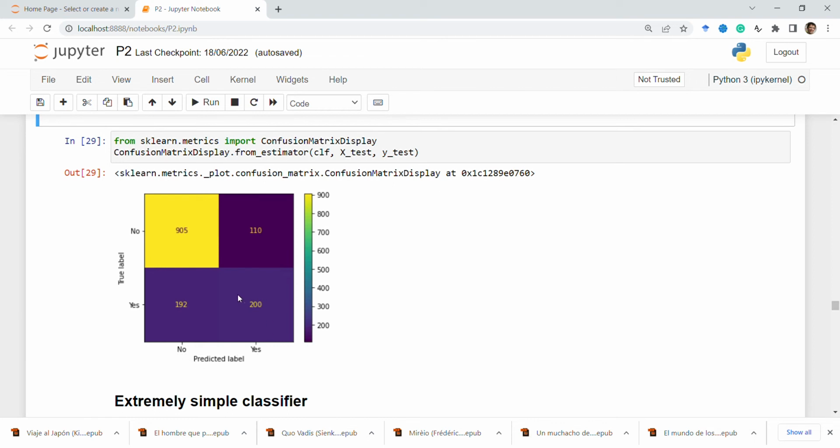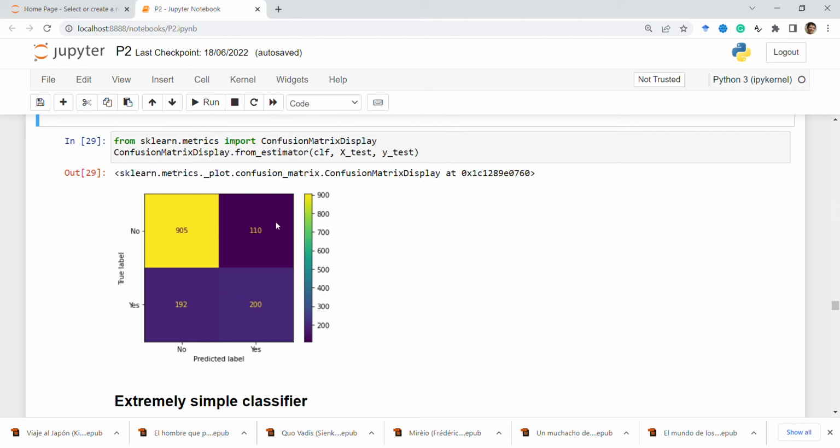And these are the people that will leave the company, and you have correctly identified them. And these two other cells are errors, classification errors, and we see here that classifying the people who will not leave the company is easier than classifying the people who will leave the company.